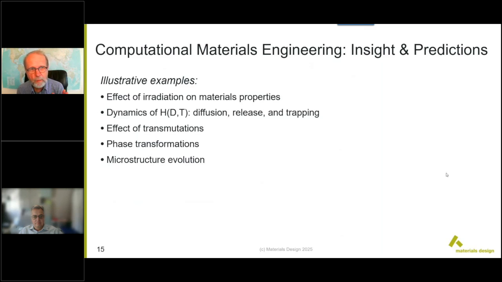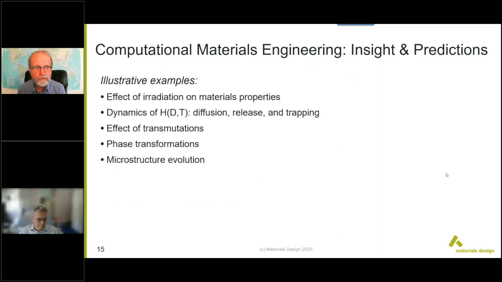Here, I want to illustrate the capabilities of computational materials engineering with these examples. First, an example will be the irradiation of materials properties. Then the dynamics of hydrogen, deuterium, tritium, diffusion, release, and trapping in these materials.